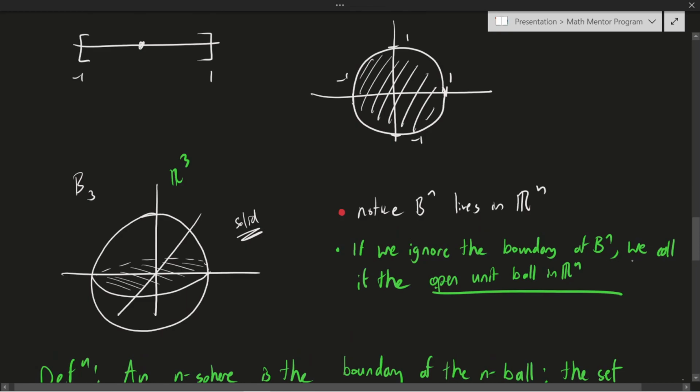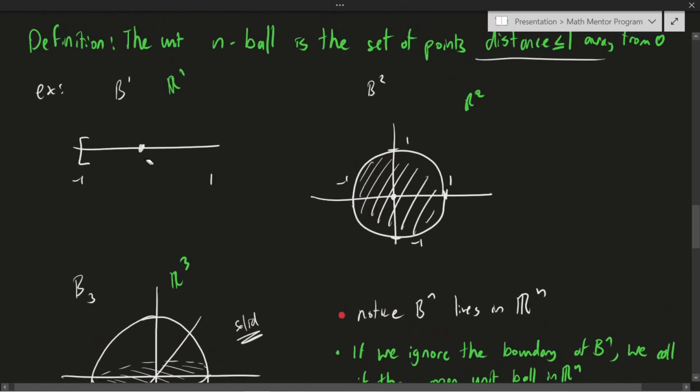If we ignore the boundary of our ball, we will often call it the open unit ball, or in general, when we're not just putting our ball centered at 0, we will call it an open ball. What this looks like graphically in R1 is removing the boundary. So we're removing the caps on our interval, the -1 and the 1. And so now we get an open interval. In R2, this would look like a disk, but without its boundary.